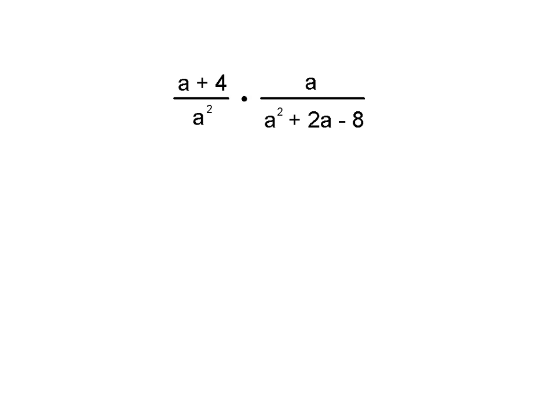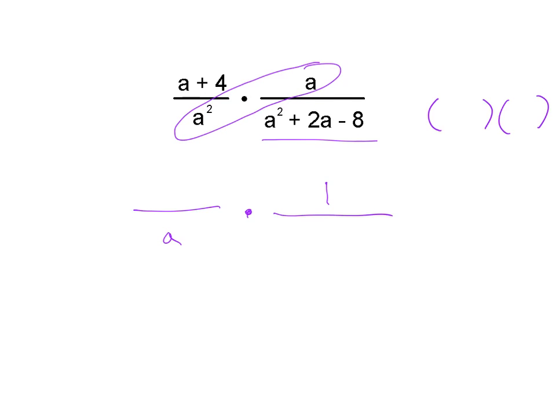So notice on this bottom part, if I just rewrite right away, let's do this cross pair first. I think it's always just easiest to rewrite, otherwise it gets really messy. If we divide out an a, this would just become 1, right? And this would just become a. Okay, and then going this way, let's factor this bottom right one first. So this would be what? This would be a plus 4 and a minus 2, right? Those would multiply together to give us -8.